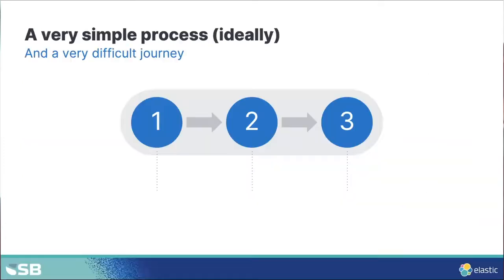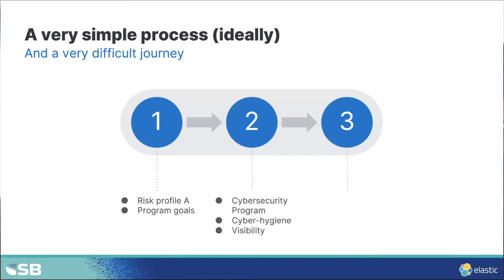Once you're clear with the goals, it's a matter of starting with what is ideally a very simple process. Step 1, start with defining your current risk profile and exposure levels, always with initial goals in mind. Step 2, establish a cybersecurity program that will be the engine that transforms the current risk profile. Two things to emphasize: deploy cyber hygiene practices and maintain high visibility of your information assets.